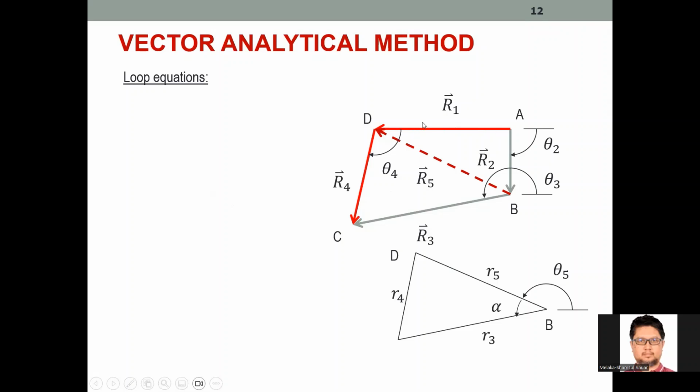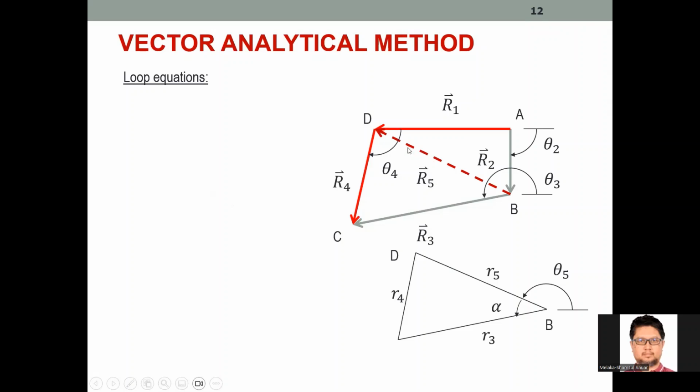On the top right, you have R1, which is usually known, and R2 is given, or you have to decide that. And from there, you can get R5, or whatever you want to call it, maybe RH.